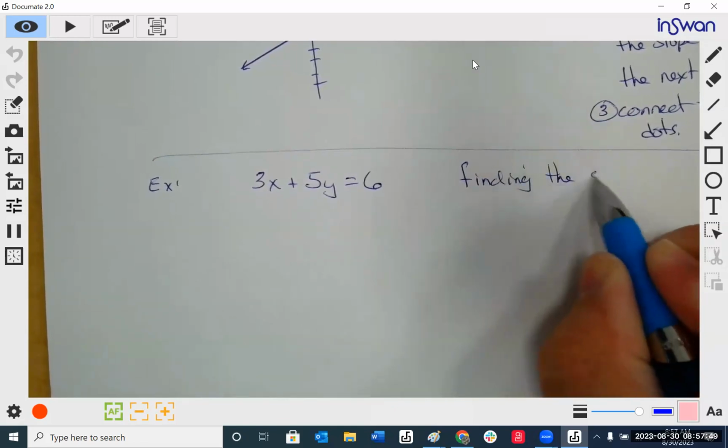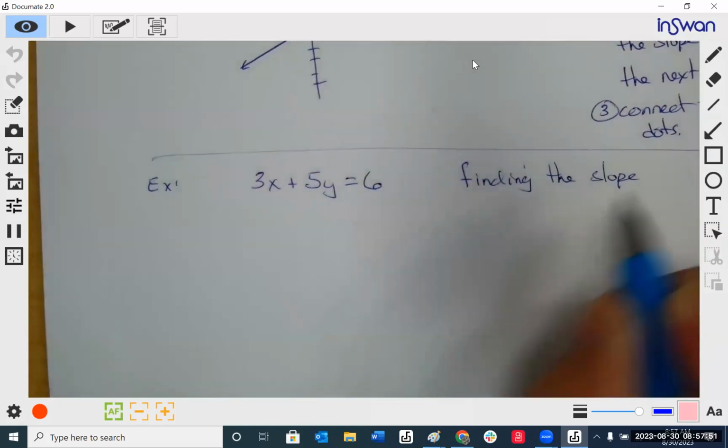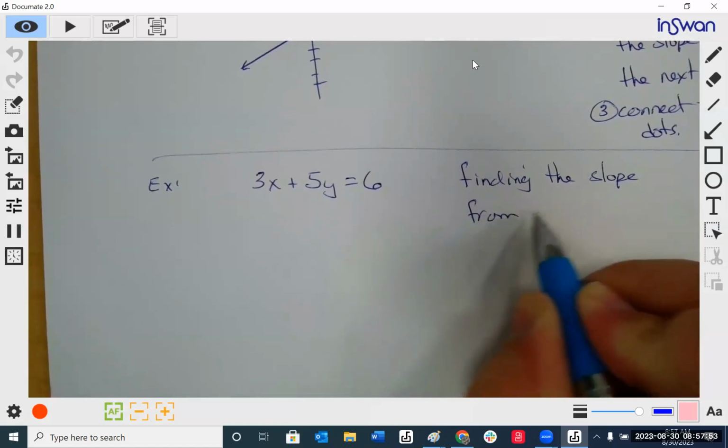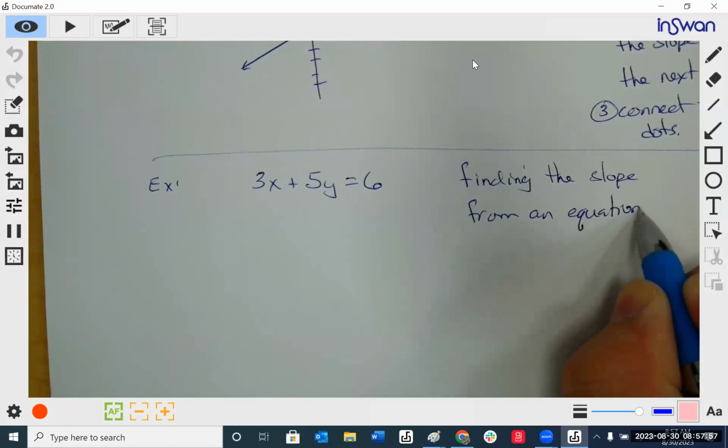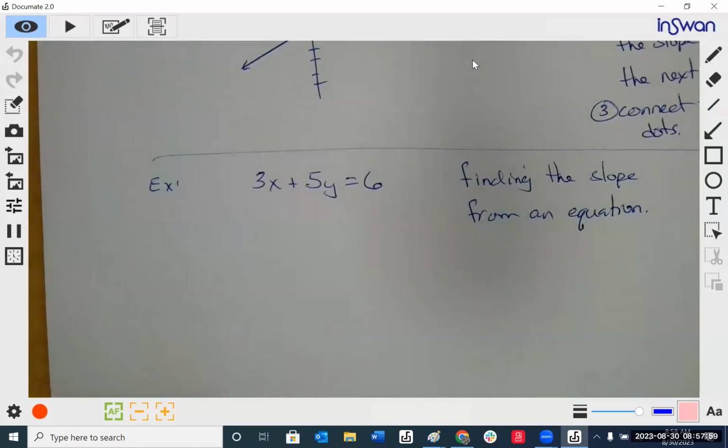Finding the slope from an equation. We're going to progress to a whole bunch of different types. But right now, all of our graphs are straight lines.